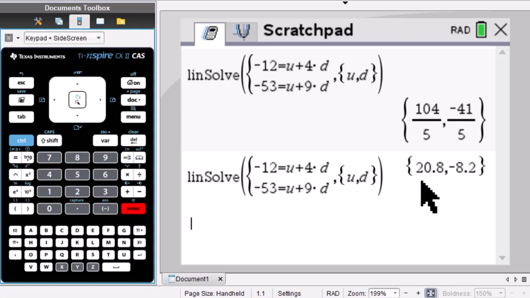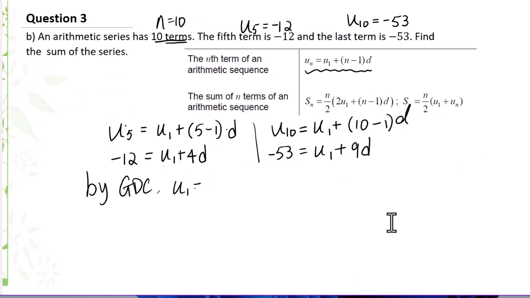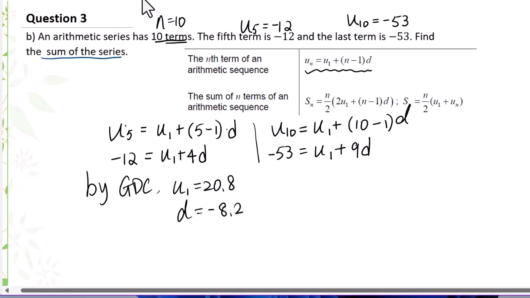U sub 1 equals 20.8. D equals negative 8.2. By GDC, u sub 1 equals 20.8 and d equals negative 8.2. We are looking for the sum of the series.